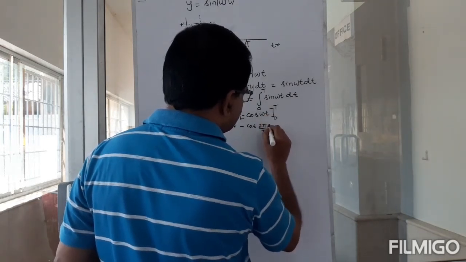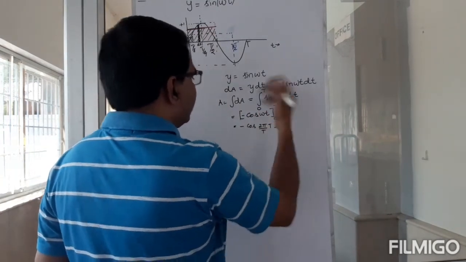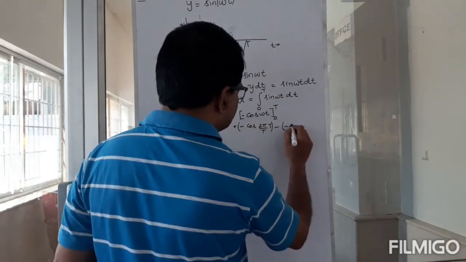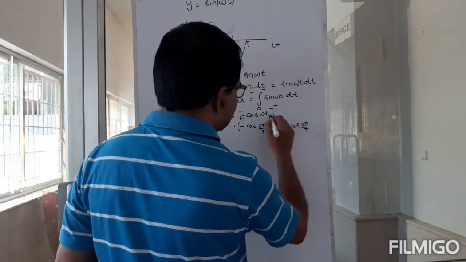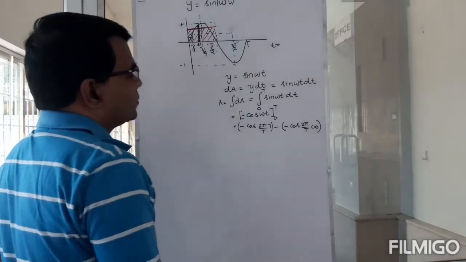For t I am going to put T here, and minus of minus cos of 0 for the lower limit, which is 1.